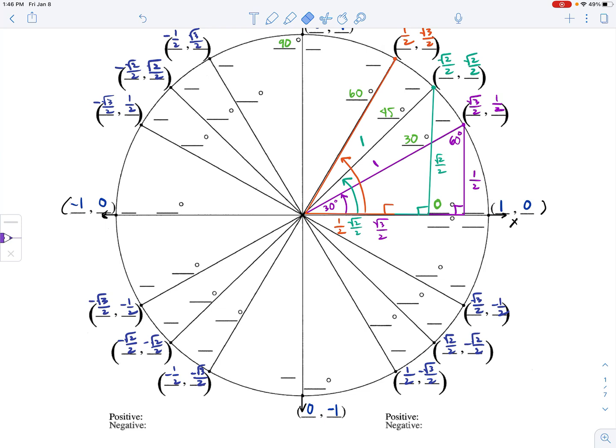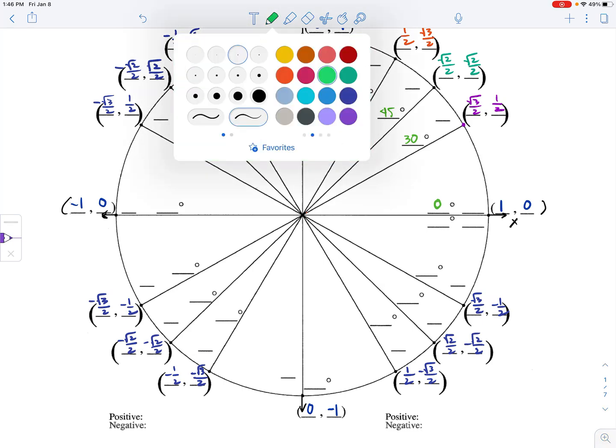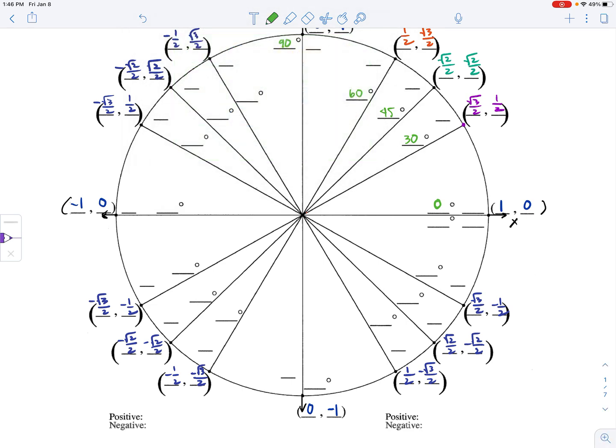Okay, and then to finish filling in the angles, maybe I'll erase these triangles so that we just see the angles in quadrant 1. It's less cluttered. There we go. So I want to fill in the other angles.